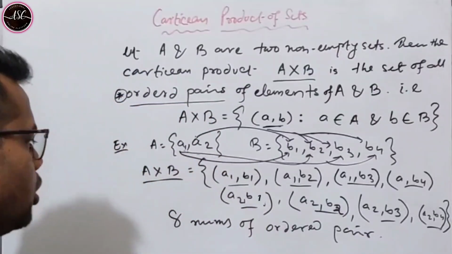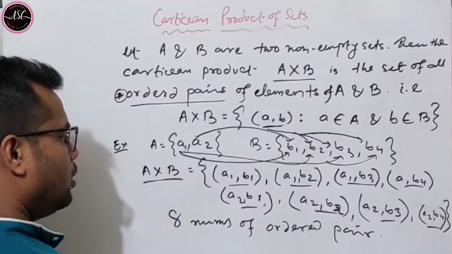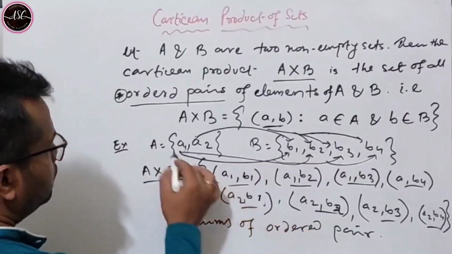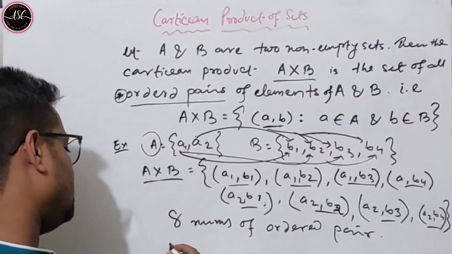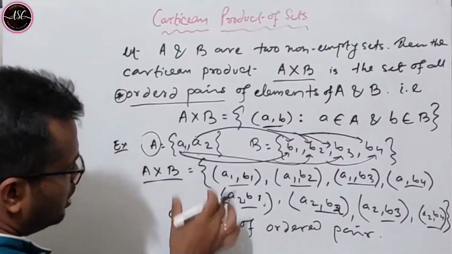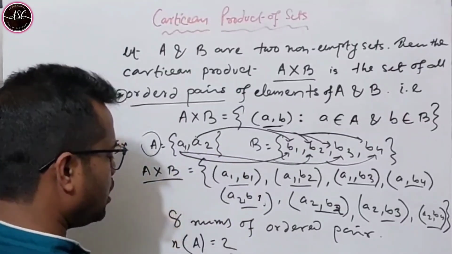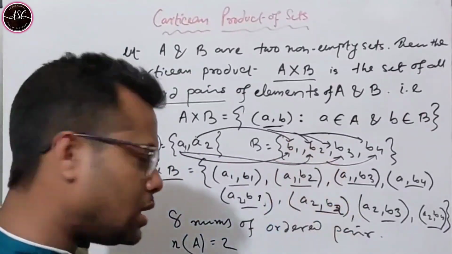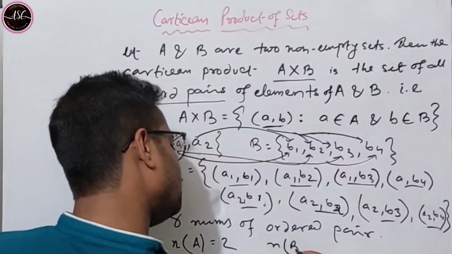From the first set, how many elements? In the first set, 2. And how many elements in the second set? n(B) equal to 4.